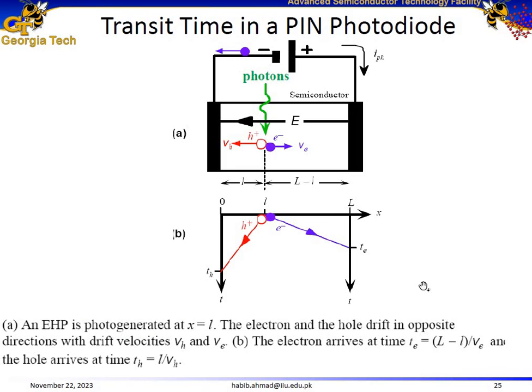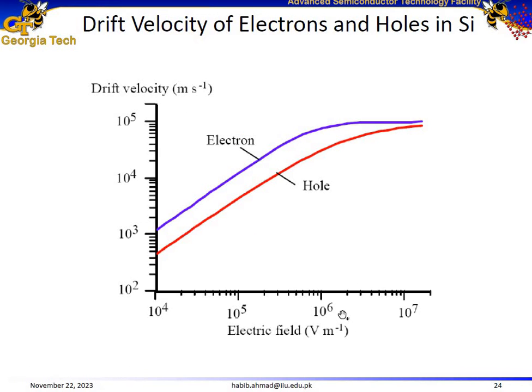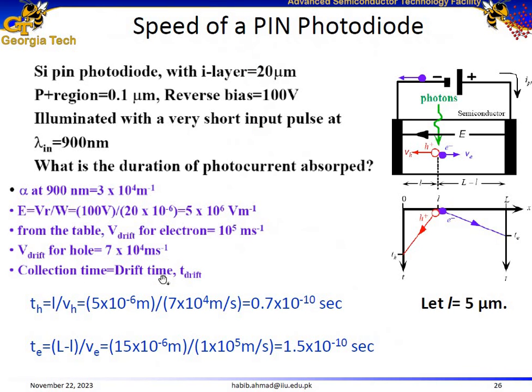So let's go back to this plot. Here is 10 to the power of 6, 2, 3, 4, 5, 10 to the power of 6. At 5 times 10 to the power of 6, our drift velocity for electrons is around 10 to the power of 5 meters per second, and our drift velocity for holes is around 7 times 10 to the power of 4 meters per second.